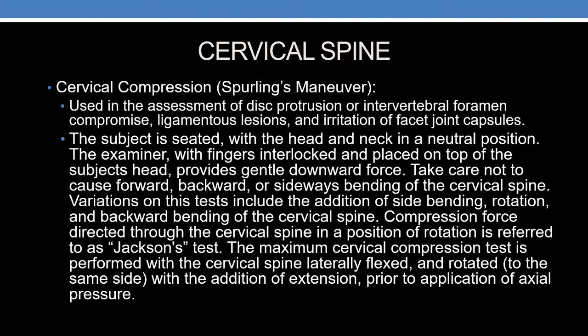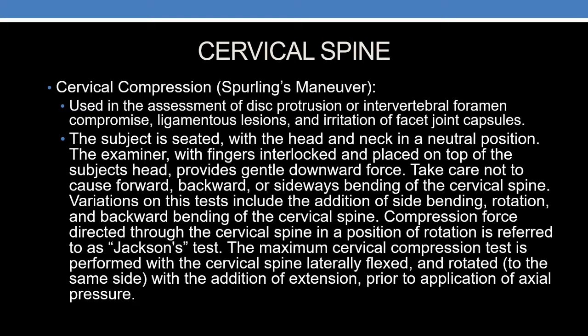With the cervical compression maneuver, also known as Sperling's maneuver, this maneuver is used in the assessment of disc protrusion or other type of intervertebral foramen compromise. It's also used in the assessment of ligament lesions and also irritation of the facet joint capsules. So this test is performed quite simply. The subject is seated with the head and neck in a neutral position.